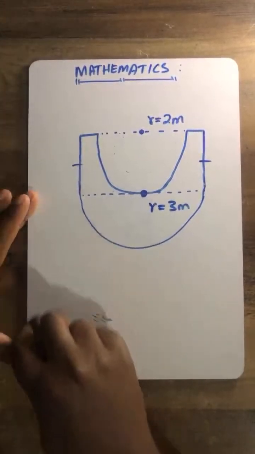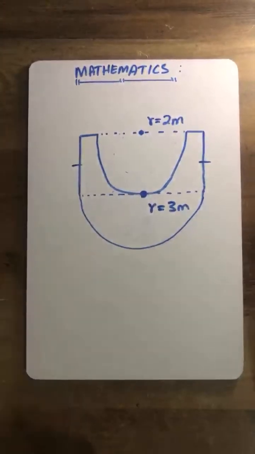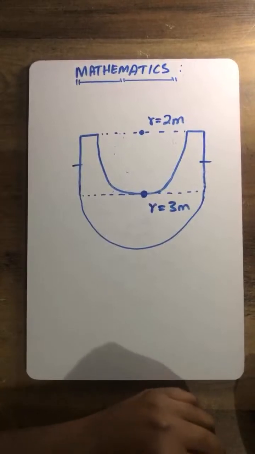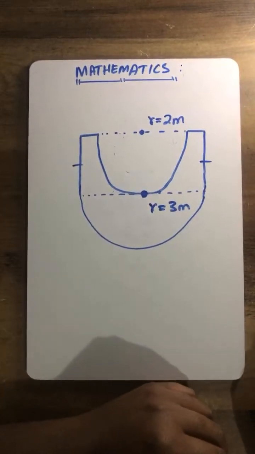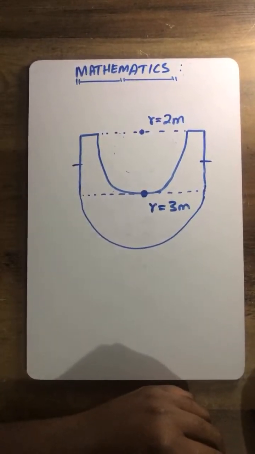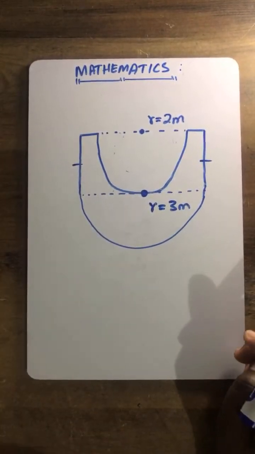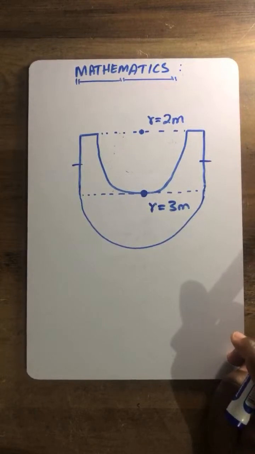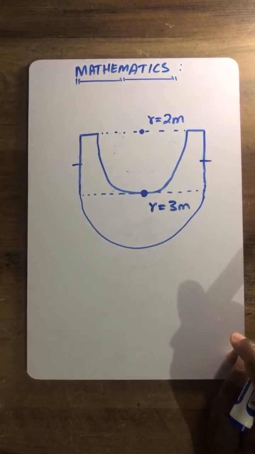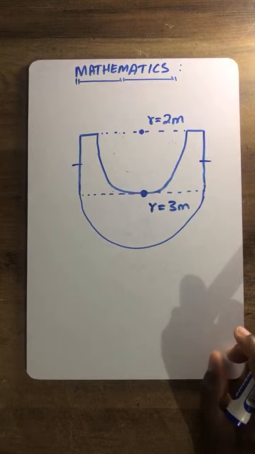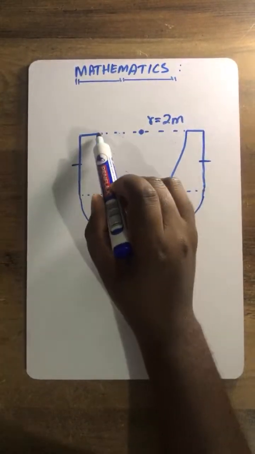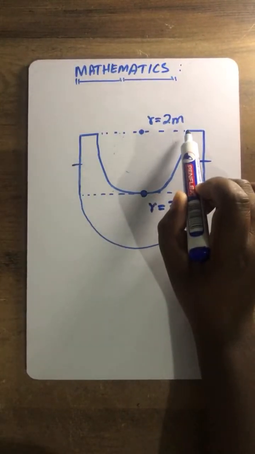So I'm going to give you guys some clues, and once I've given you some clues, in case you have worked it out, you will just check your answers. If you haven't, you will then try to work it out. So when it comes to the perimeter, remember this thing is half of a circle.